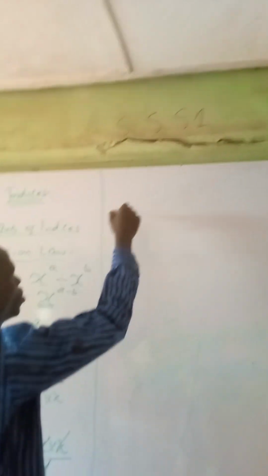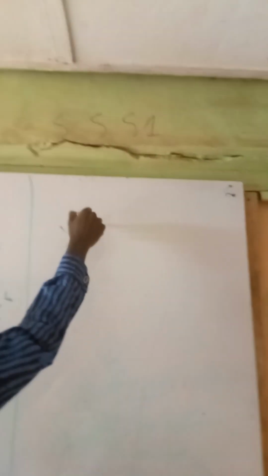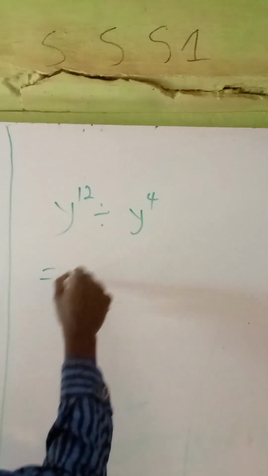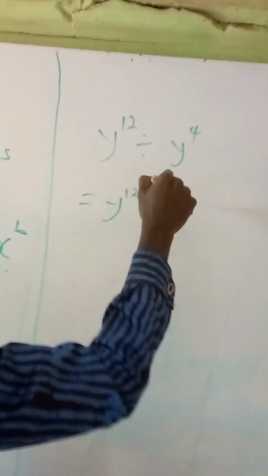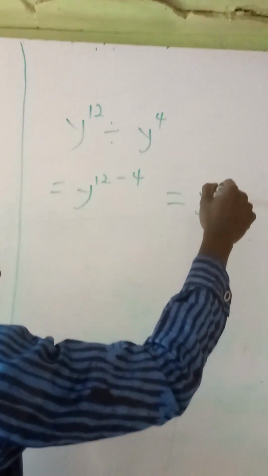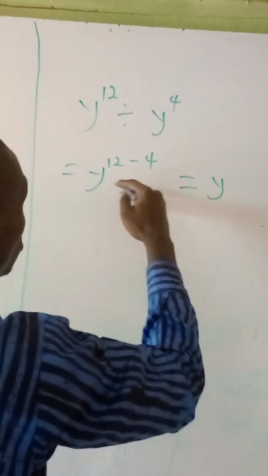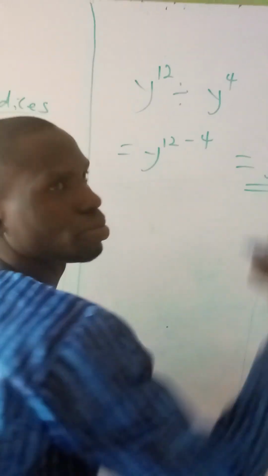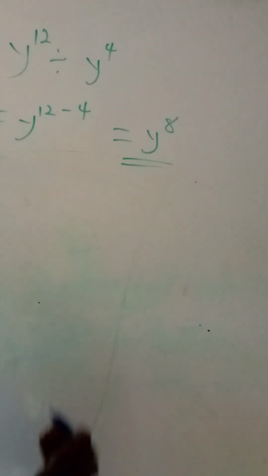So we have y raised to power 12 divided by y raised to power 4. So this will be y raised to power 12 minus 4, which will give us y raised to power 8.